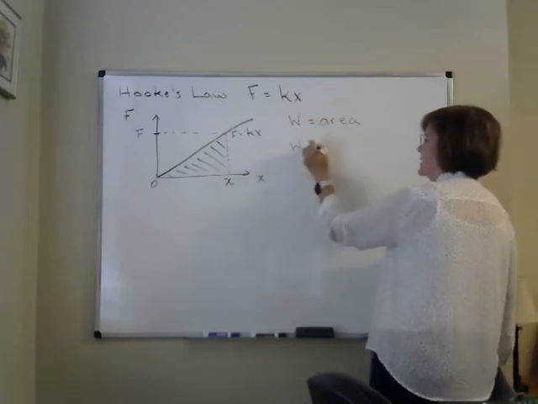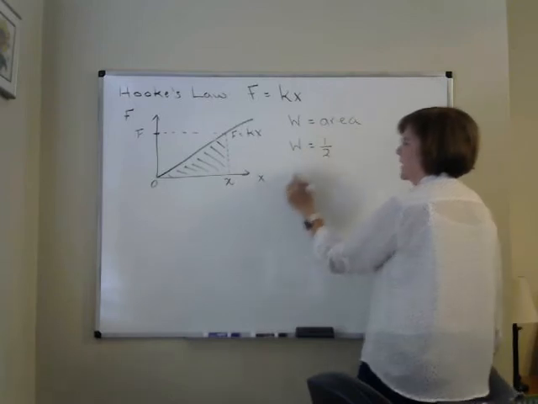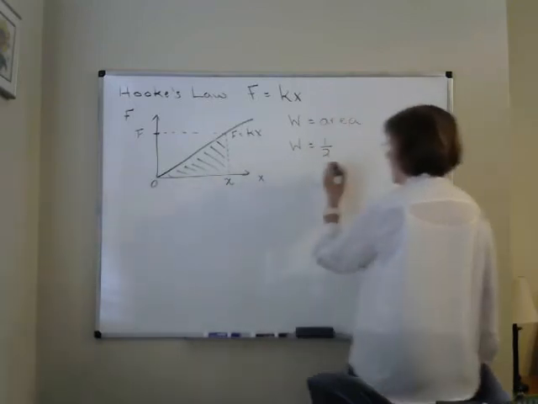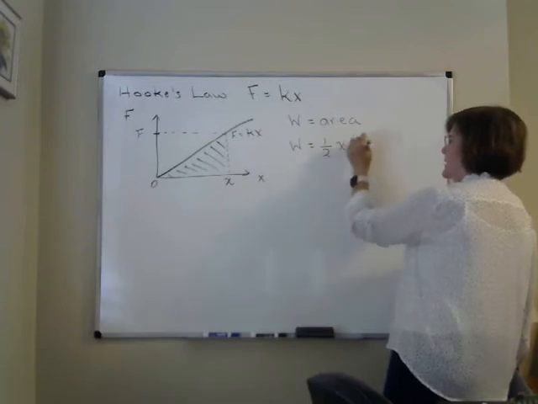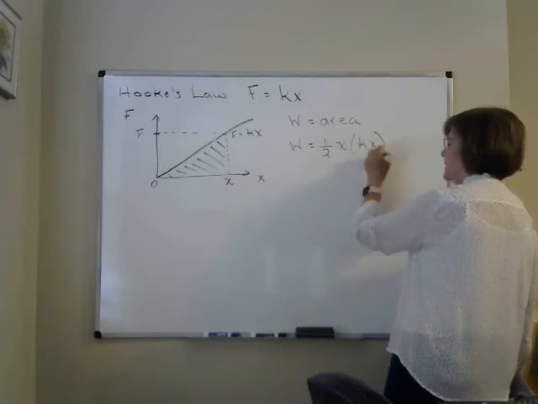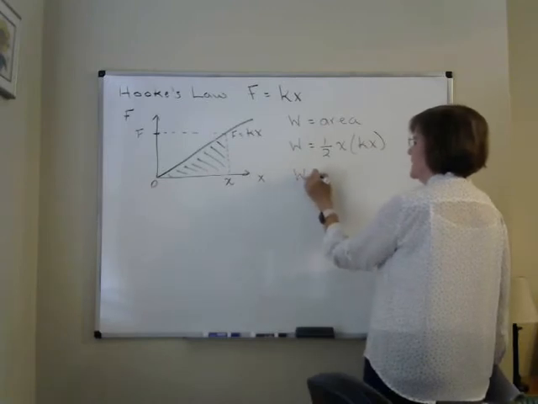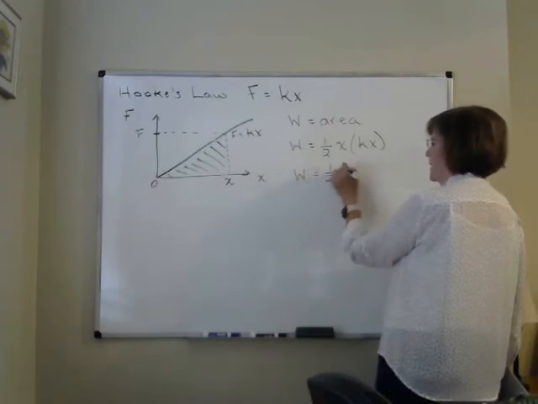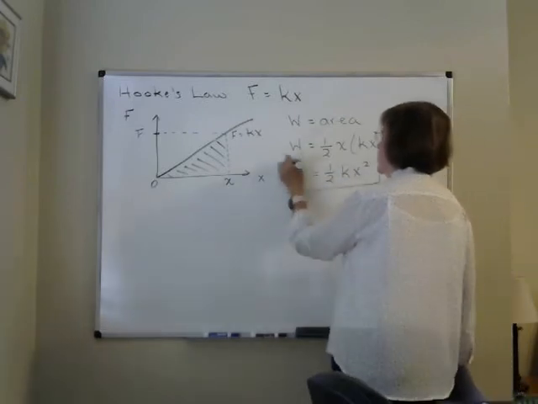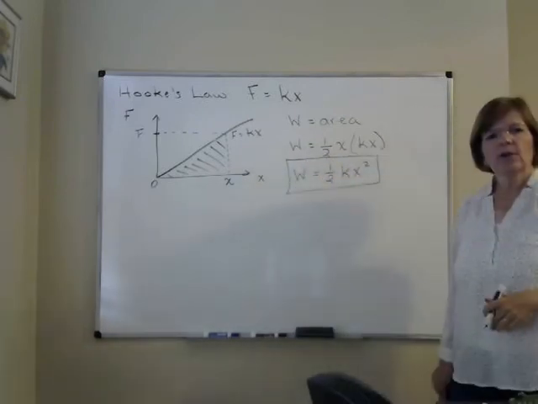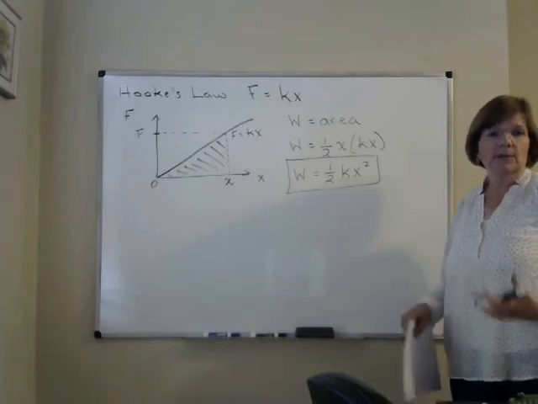In this case, it's a triangle, so it's 1/2 the base, which is X, times the height, which is KX. And I get that the work is equal to 1/2 KX squared. That is generally the accepted formula for work done by a spring.